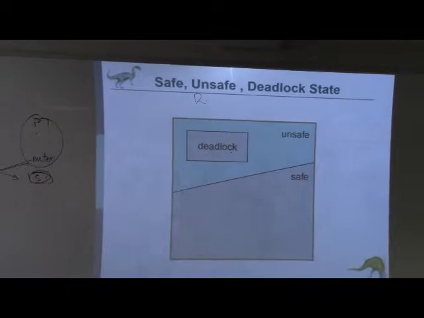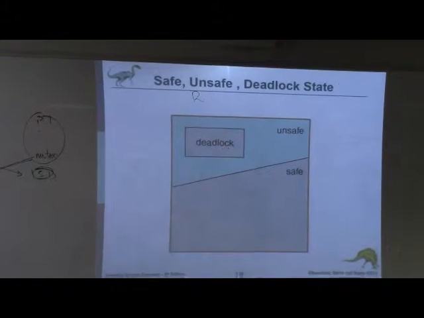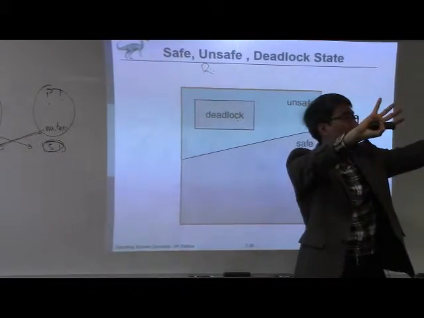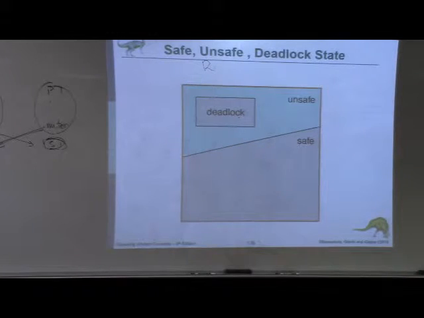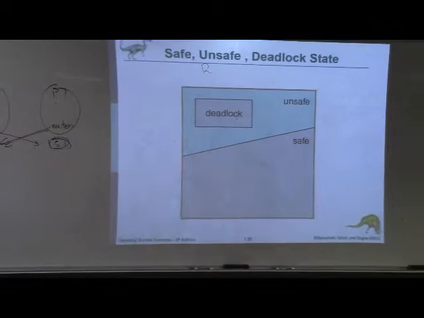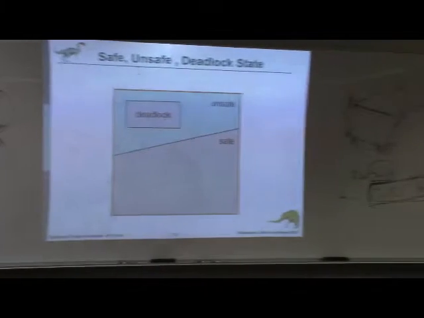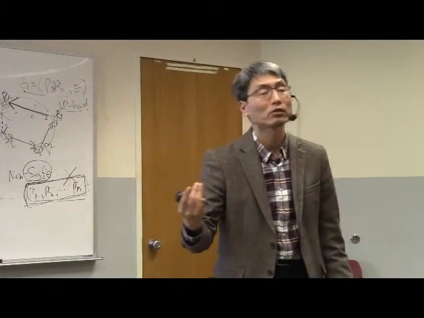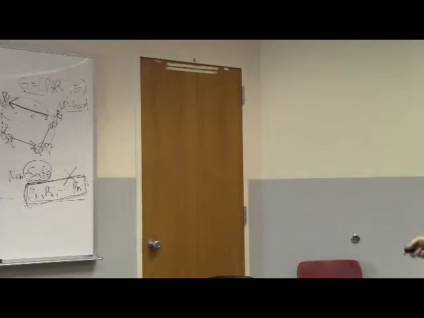However, in an unsafe or non-safe state, it may cause deadlock, so deadlock avoidance declines the request. So with both deadlock prevention and deadlock avoidance, the operating system never enters a deadlock situation. So it may not cause one. Okay.